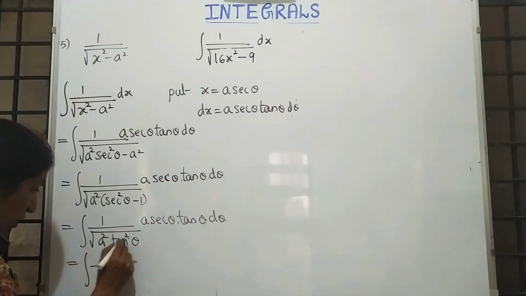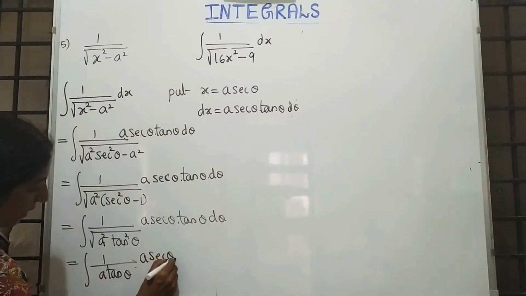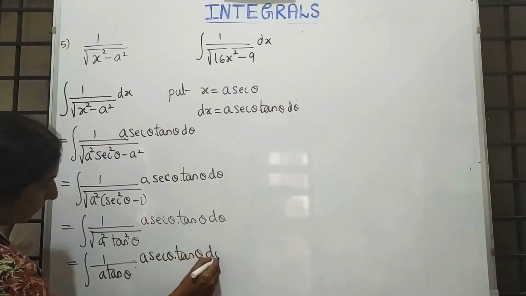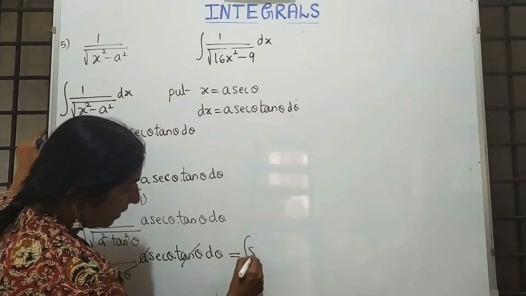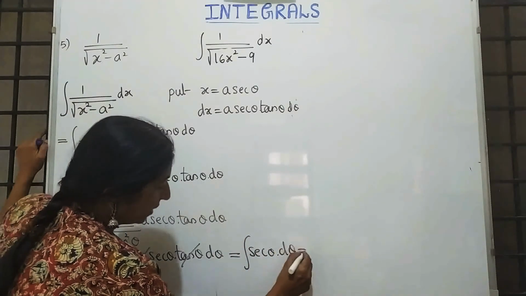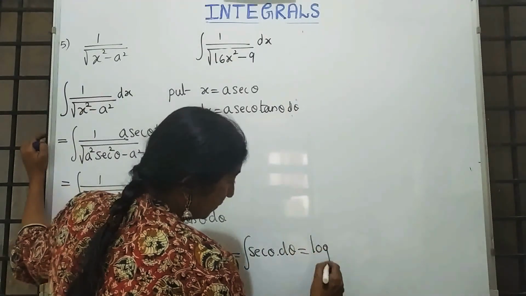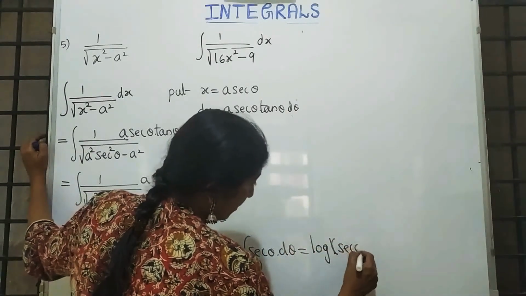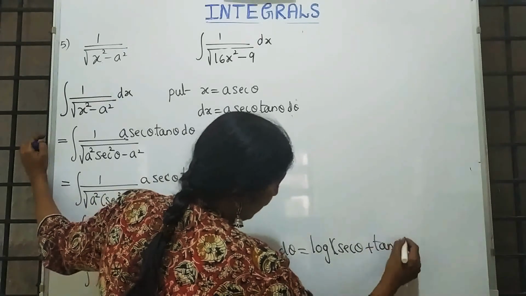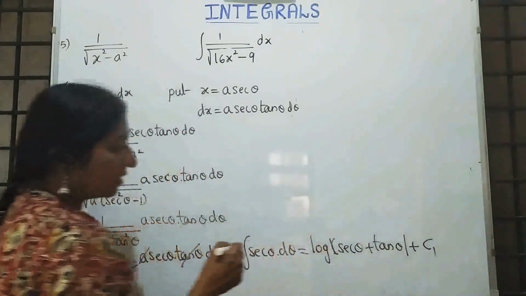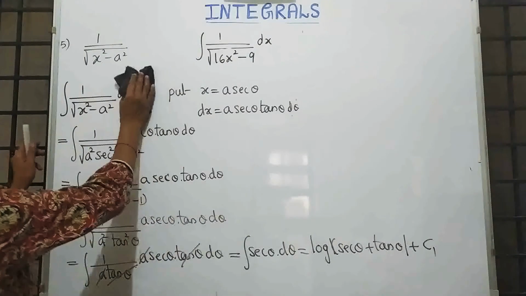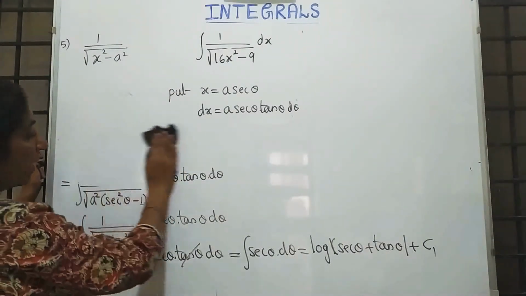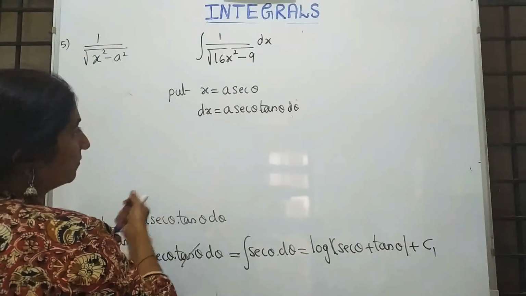What is root of a square tan square? A tan theta. So a tan theta into a sec theta into tan theta. A cancels, tan cancels, integration of sec theta into d theta. If you remember, integration of sec is log of sec theta plus tan theta, and for our convenience I am writing the constant as C1. Please note down that integral constant as C1, and x is equal to a sec theta means what is sec theta?